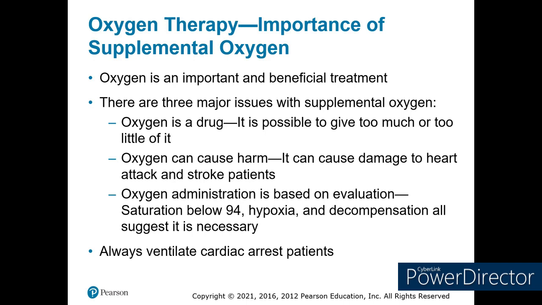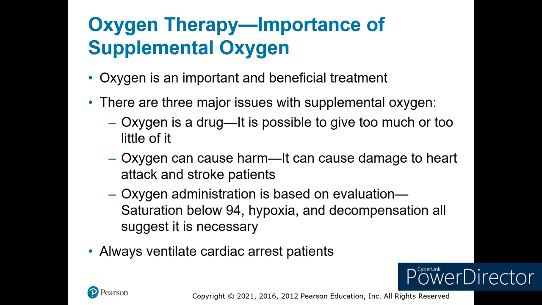Oxygen can cause problems for us if the patient has a heart attack or stroke. So we've got to be very careful to assess the needs of the patient for oxygen if they're in one of these conditions that could cause harm. So think about it based on where you are. Do they need that extra oxygen or not? And if you do, give it. If you don't need it, hold it back a little bit.